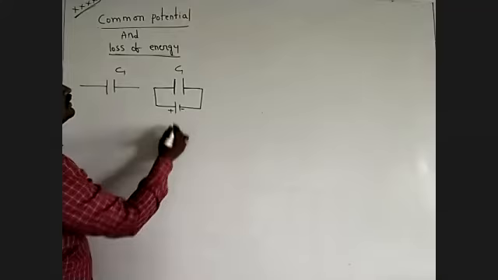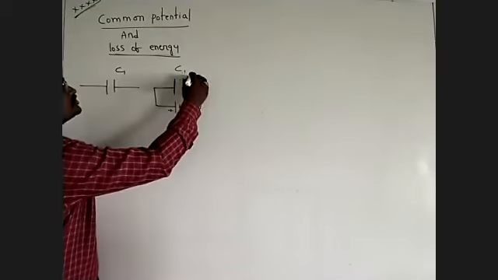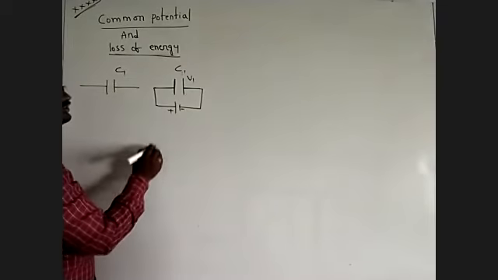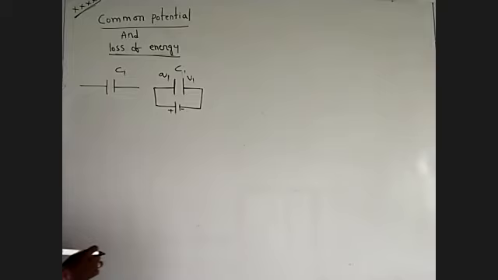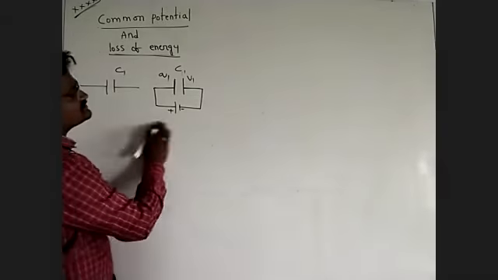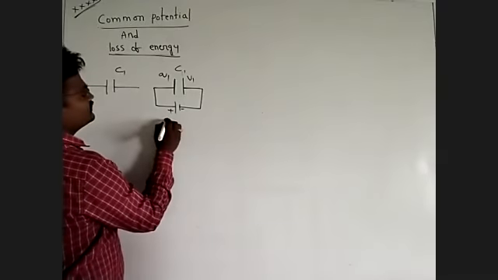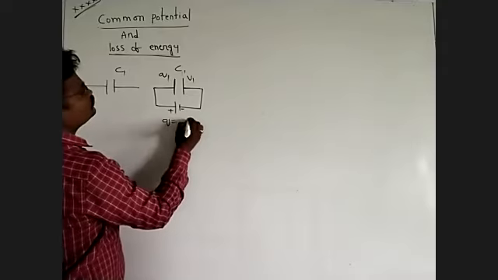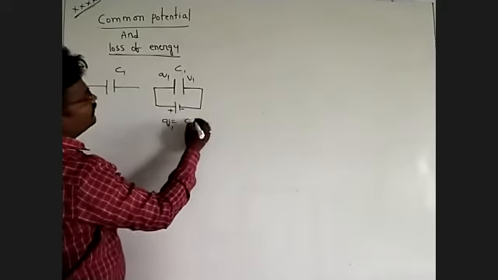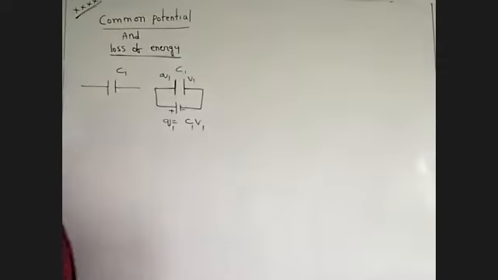This is C1 and its potential is V1, and the charge we are taking as Q. Now what is the capacitance formula? Q is equal to CV, so charge Q1 is C1 V1.